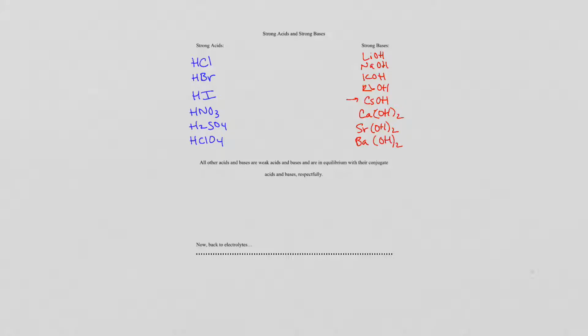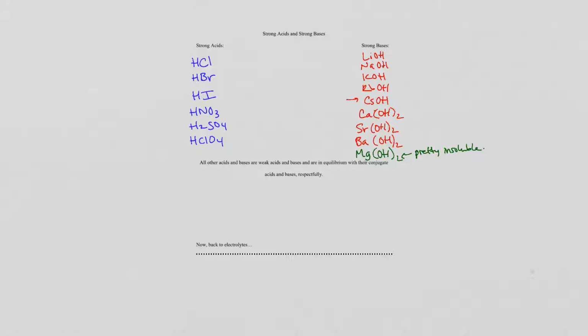And for the sake of argument, I'm going to put in a different color magnesium hydroxide. It's pretty insoluble, but when it does dissolve, it fully dissociates into ions, so it is then a strong base.